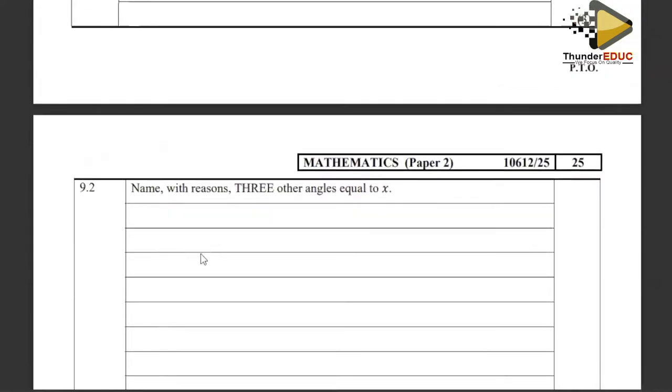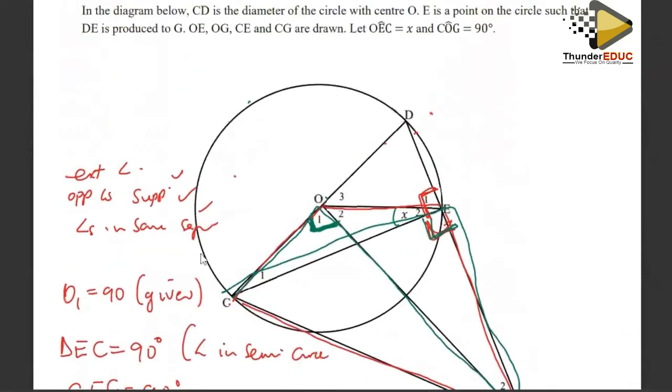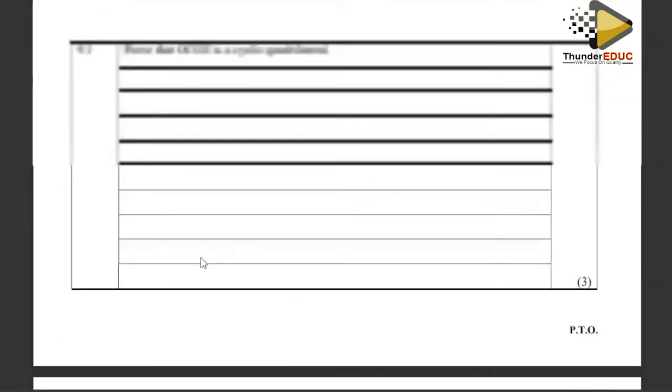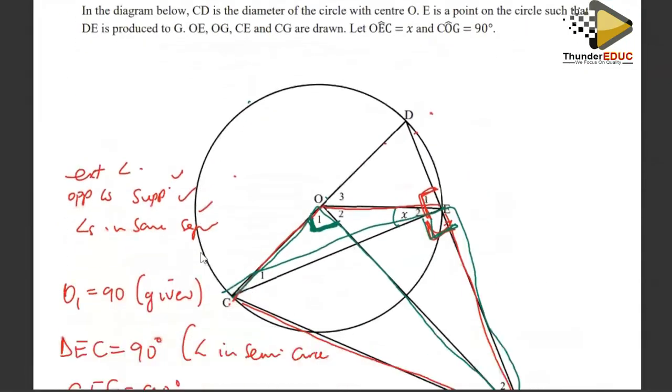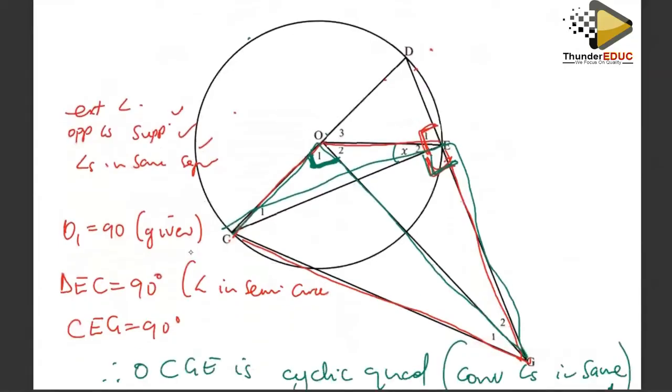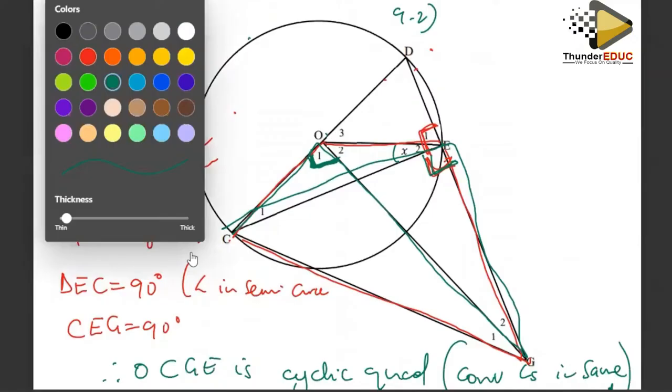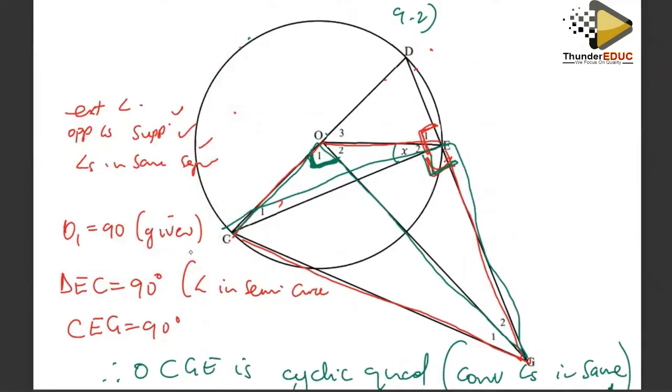And then name 3 other angles that are equal to x. I'll just write this up here because I don't want to scroll up and down. Okay, 9.2, angles that are equal to x. The first one, we have this one, C1. Reason, this is a radius, that's a radius, so angles opposite equal sides.